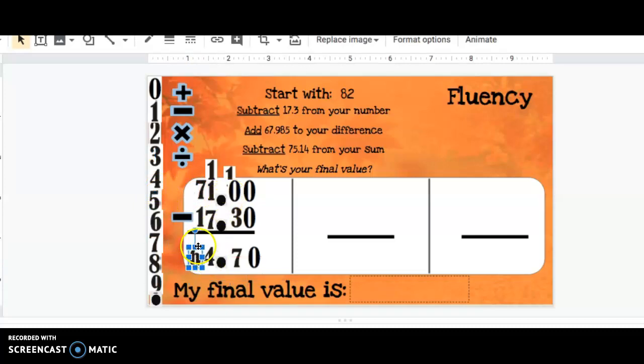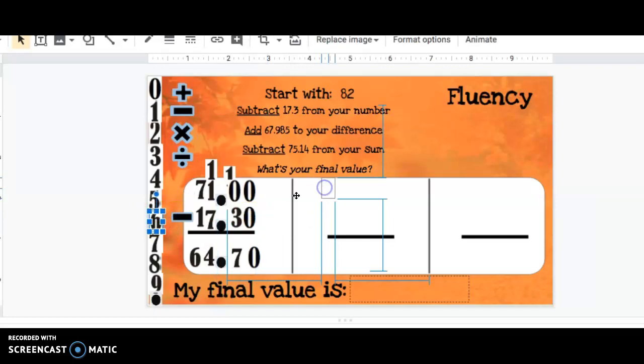So now I have to take the 64 and 0.70 and I have to add 67.985 to this difference, which is this answer. So I'm going to put that over here.